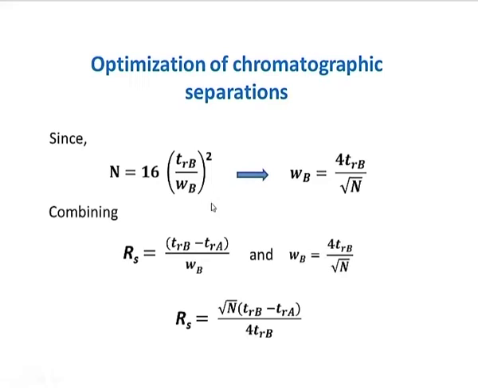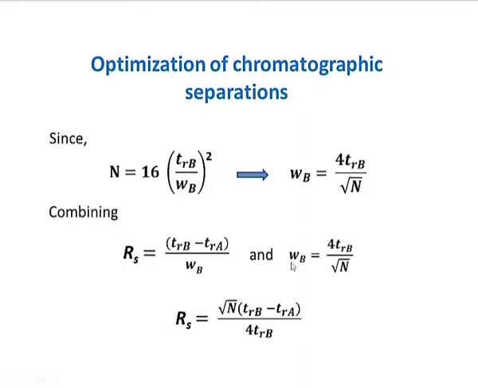Now, in this equation, if we would like to get the value of W, the value of WB would come out to be 4 TRB upon the square root of N. So, what you basically do is you transfer this square to this side and transfer this 16 to this side and then get the value of WB out.